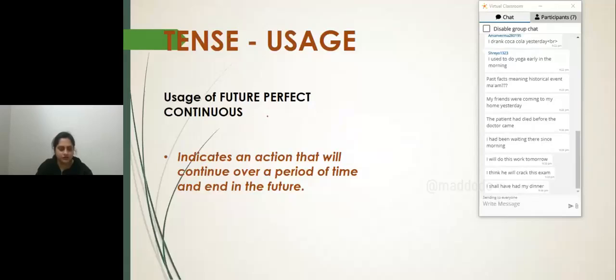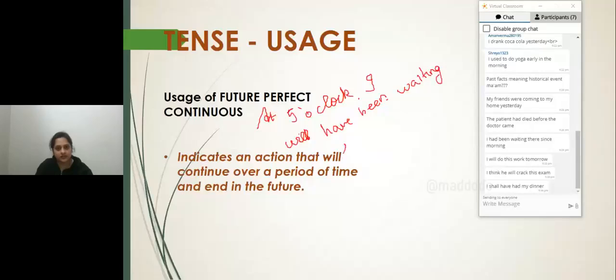I wrote one example: at 5 o'clock I will have been waiting for 30 minutes. It means you will still wait, it will continue. By this time, I will have been waiting for 30 minutes.